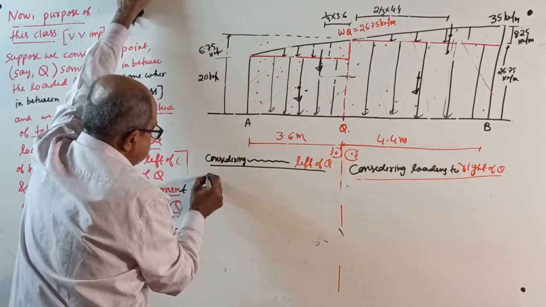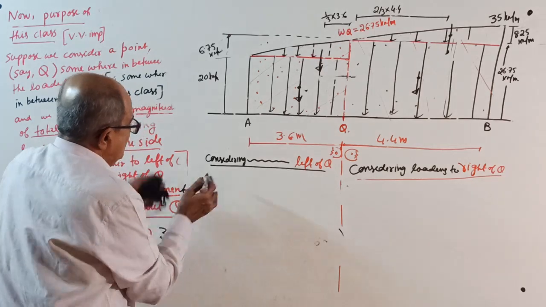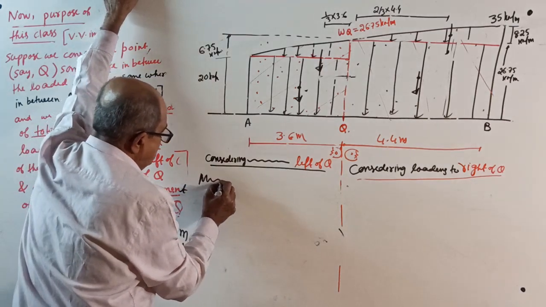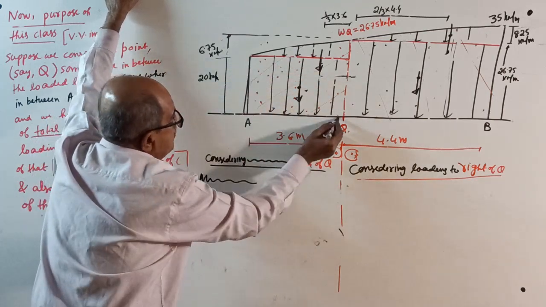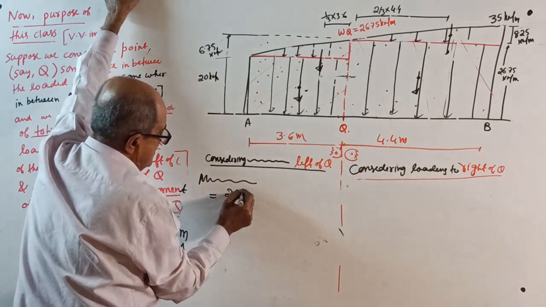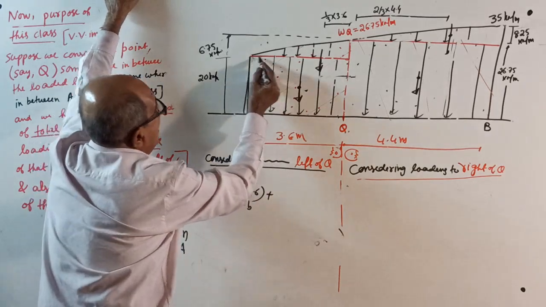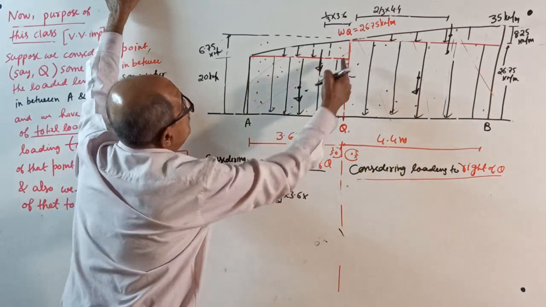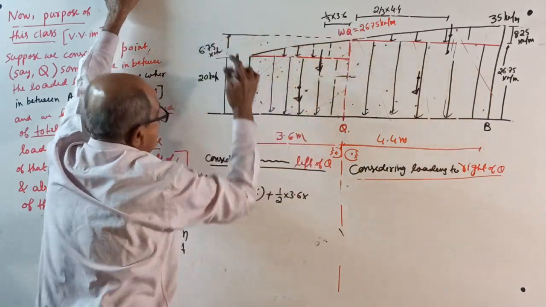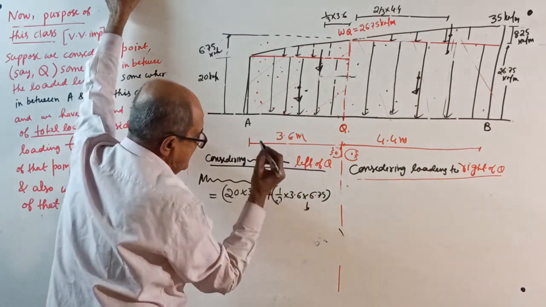Considering left of Q, see, now fast I finish. Magnitude of total load equals 20 into 3.6, down, plus half into 3.6 into this height, that is 6.75. If any calculation mistake is there, correct it.